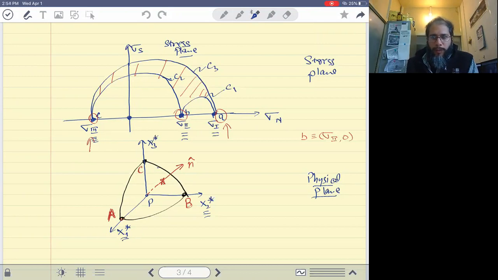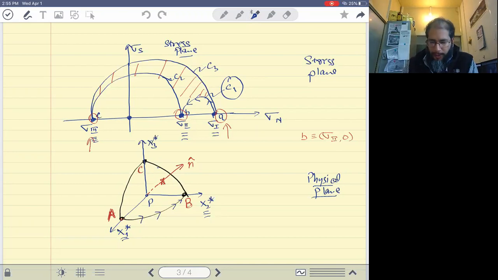Now, if I were to move on my circle number 1, which is this circle. So if I was moving on circle number 1, what that means is if I go from point small a to point small b on the surface of the circle, because the surface of the circle also lies on the feasible stress region, what I'll see is that I will move in my principal plane from point capital A to point capital B, right?